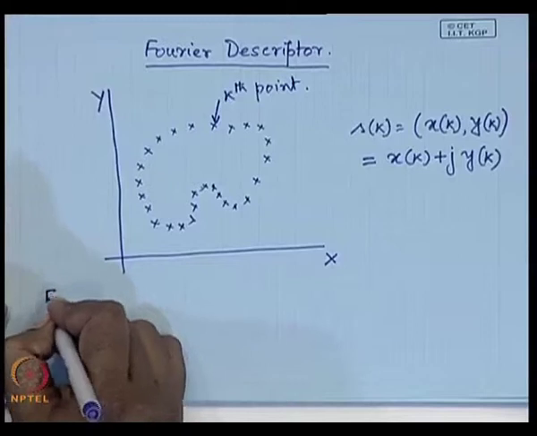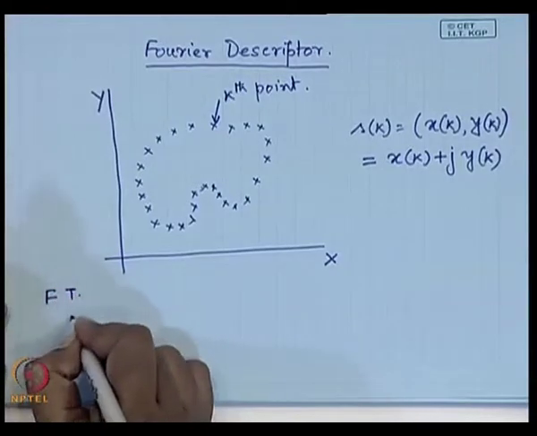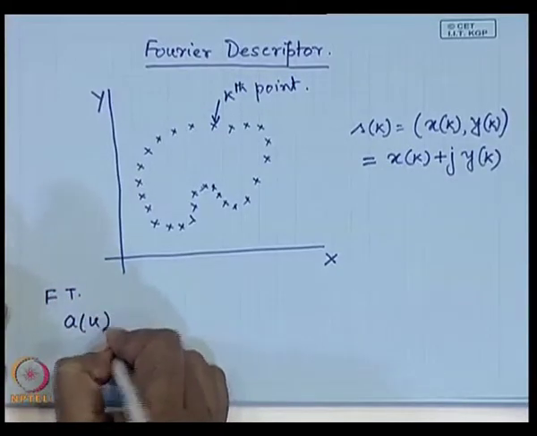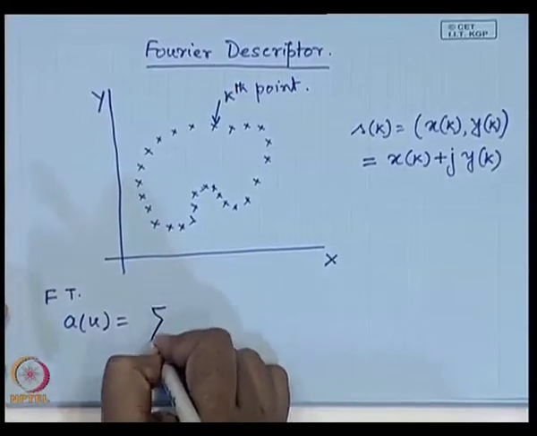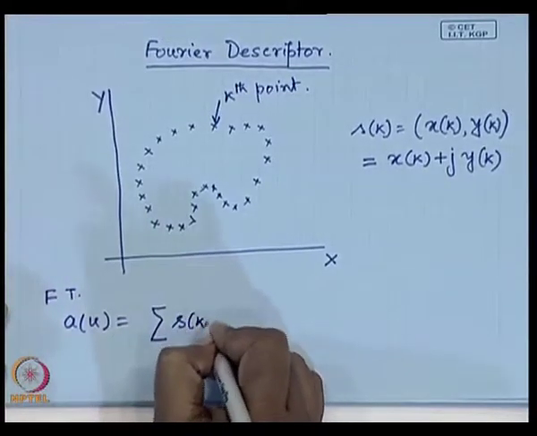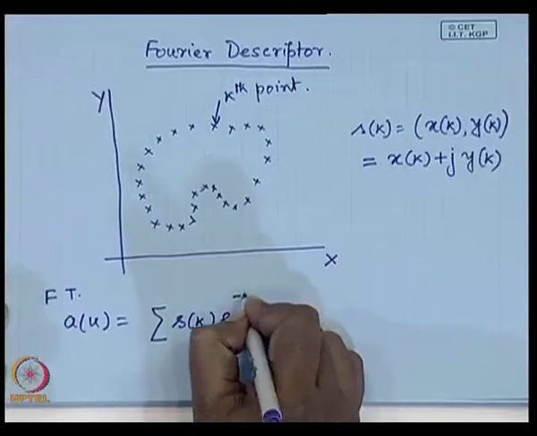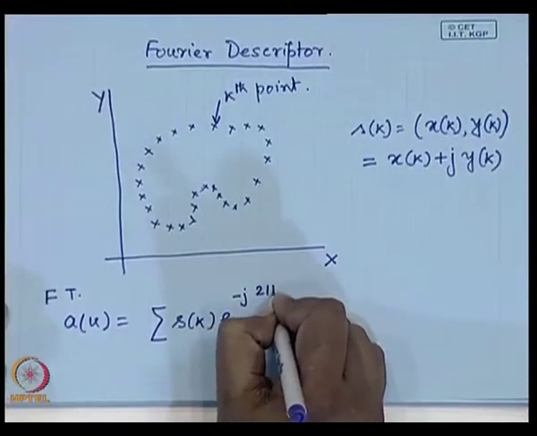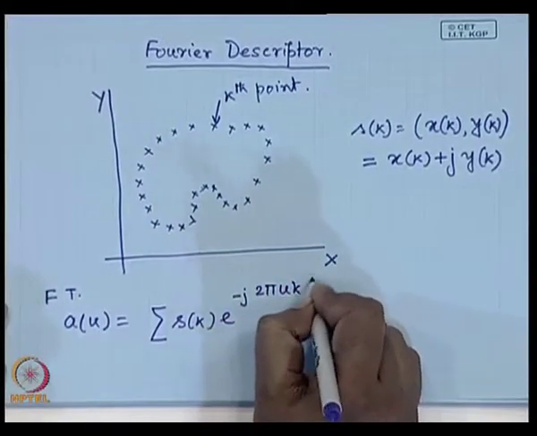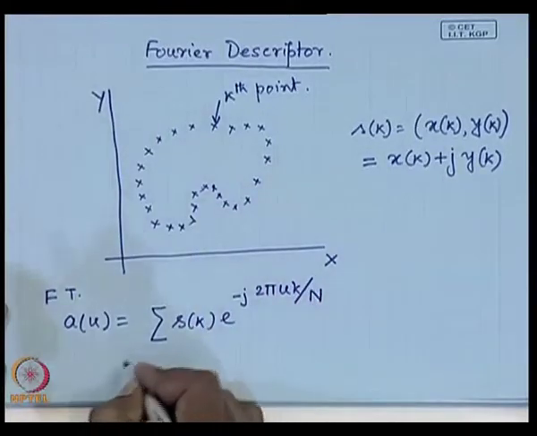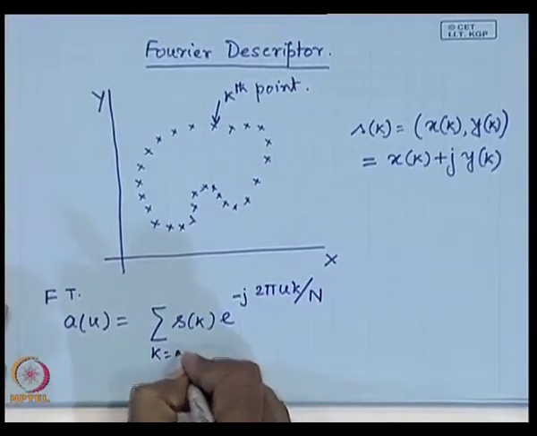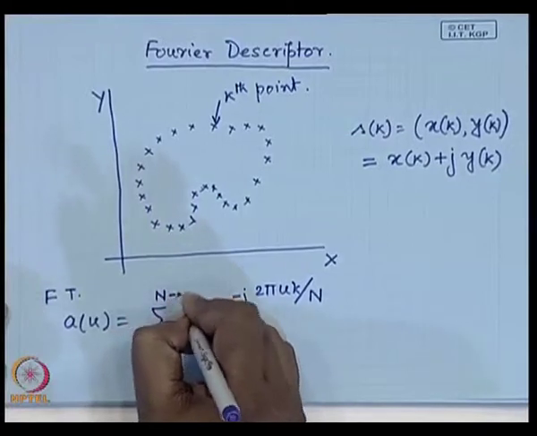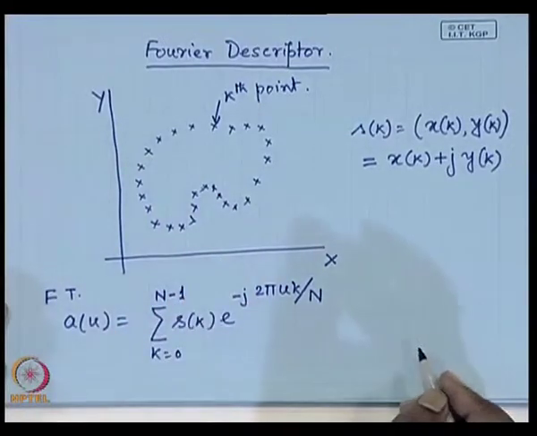So, if I find out the Fourier transform, I will get A u is equal to S k e to the power minus j 2 pi u k upon capital N, where k varies from 0 to capital N minus 1, and capital N is the total number of samples I have in this boundary representation.